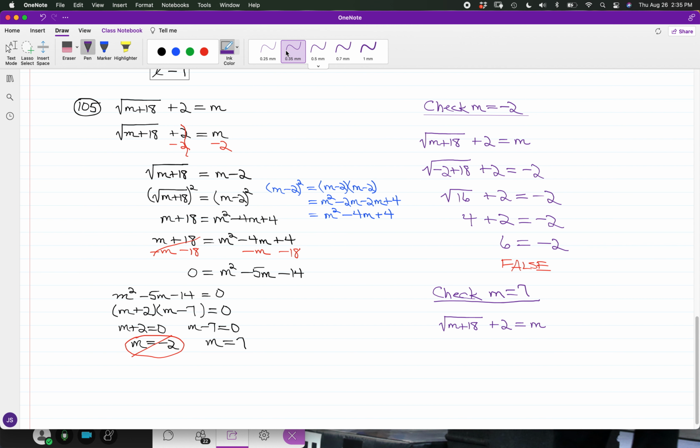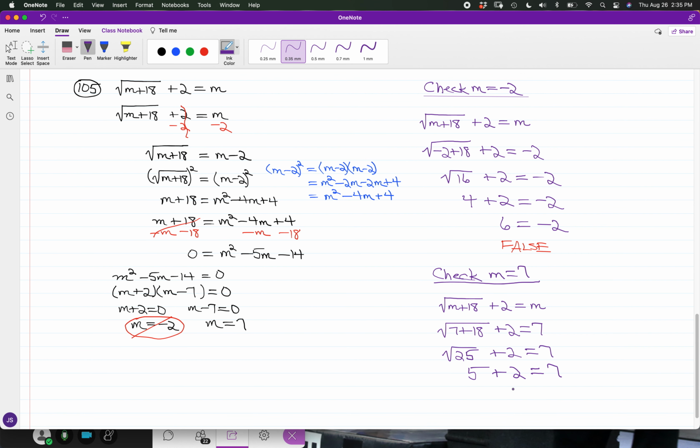Filling in, we have the square root of 7 plus 18, plus 2 is equal to 7. 7 plus 18 is 25, and the square root of 25 is going to be 5. And we've got 5 plus 2. Right hand side is 7. 5 plus 2 is 7, and 7 is equal to 7. So that is true.